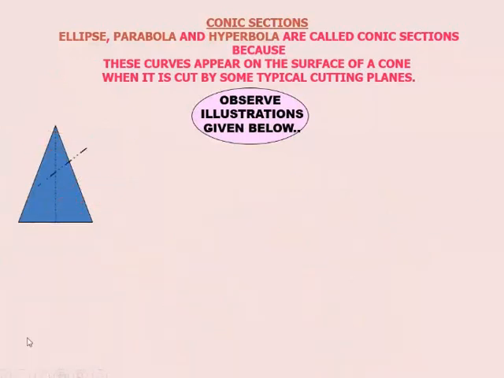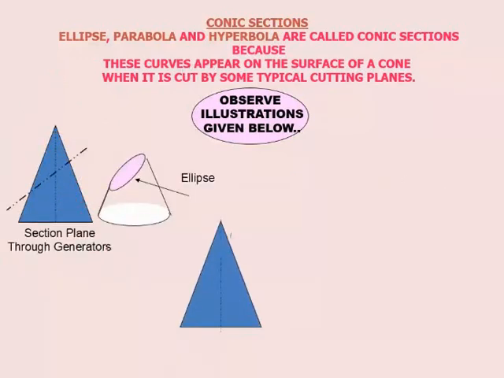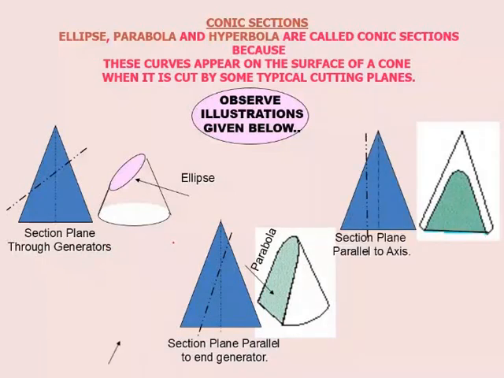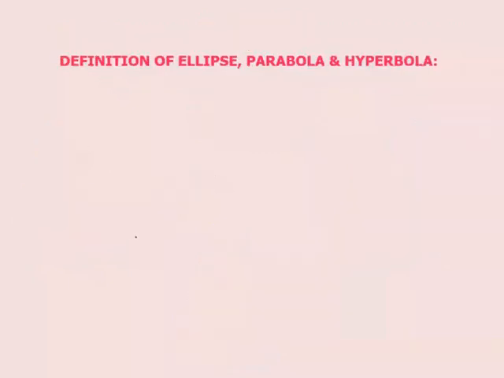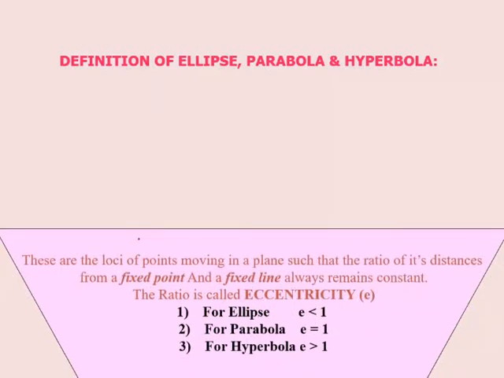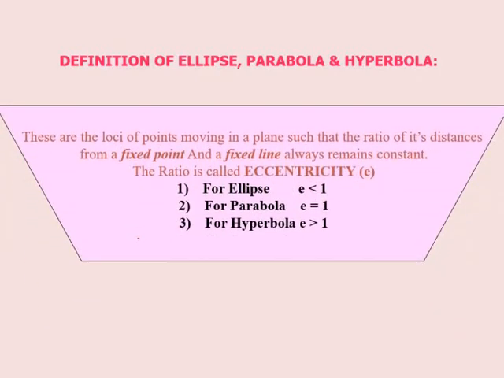So this is an ellipse. This is a hyperbola. I hope it's clear. Generally we explain these curves with the help of examples.